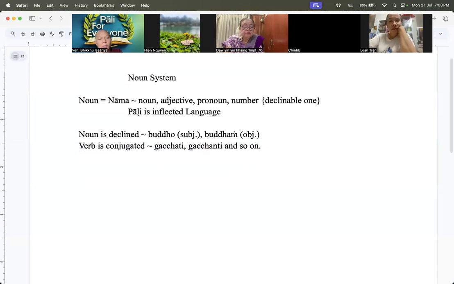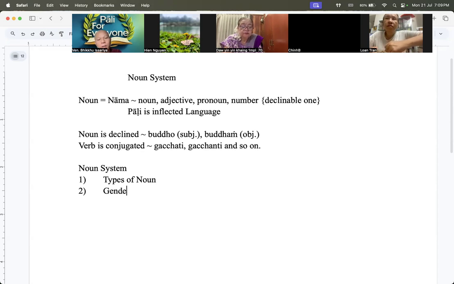Okay, so for the noun system, we need to know three kinds of things. One is types of noun, and the second one is gender, grammatical gender actually.